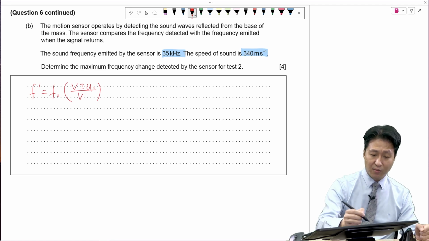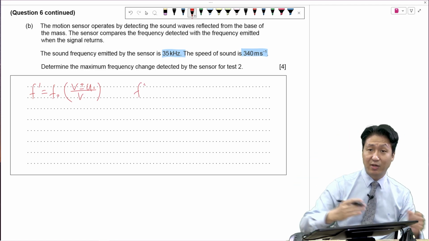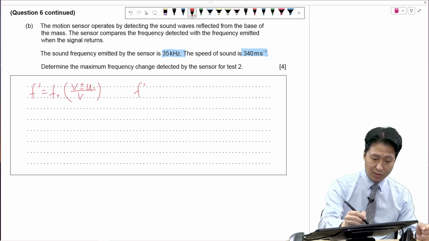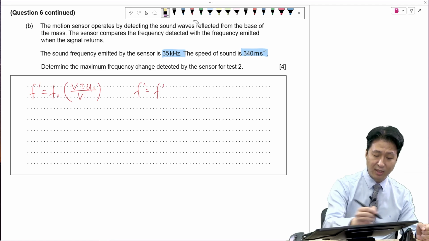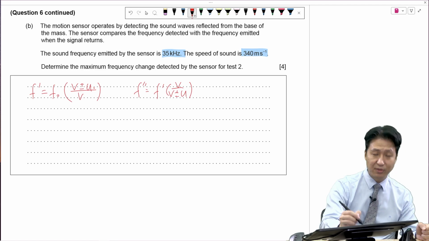Okay, what about after it bounces off? Now it's the mass that is the source, and it's the moving source. So if the source is moving, it's this frequency that it received, f prime, times the speed of sound over the speed of sound plus or minus the speed of the source.